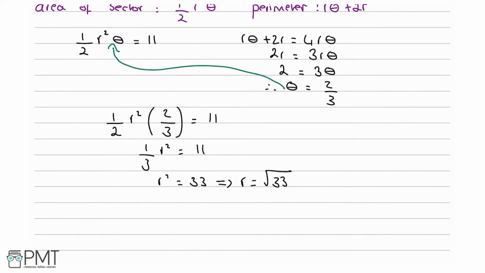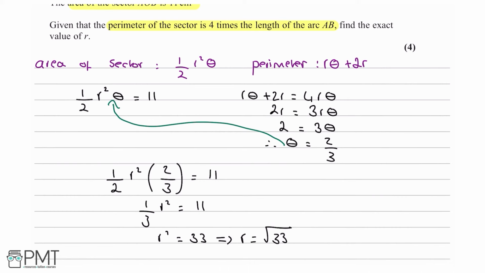As for the marks, this question is worth 4 marks. Your first mark comes from stating half r squared theta equals 11. Your second mark comes from stating that r theta plus 2r equals 4r theta.